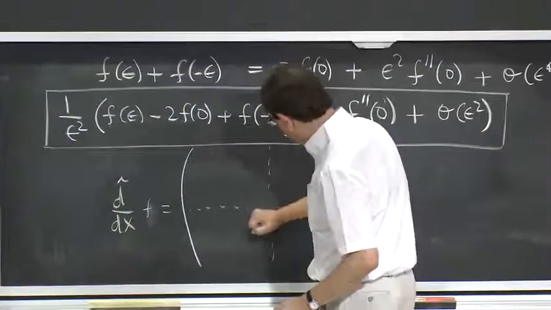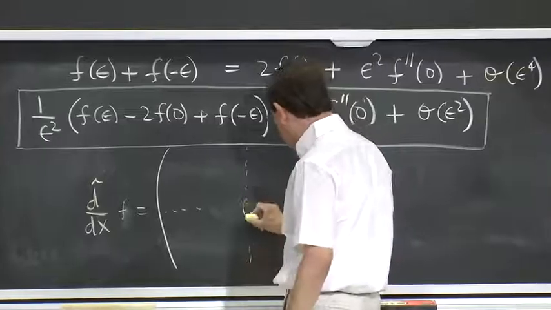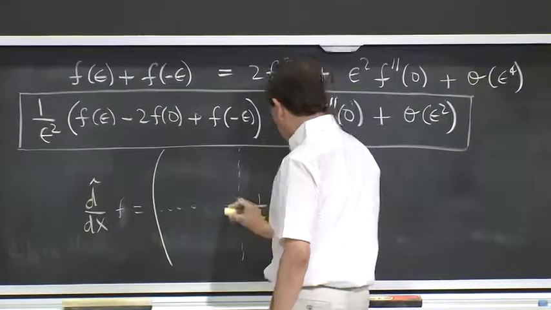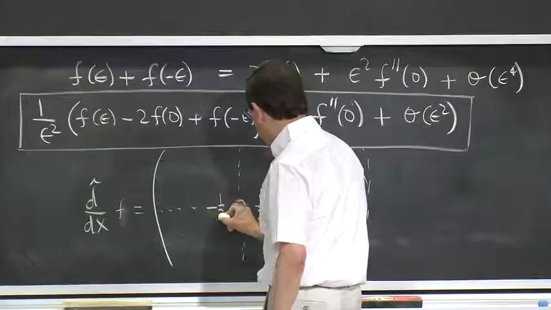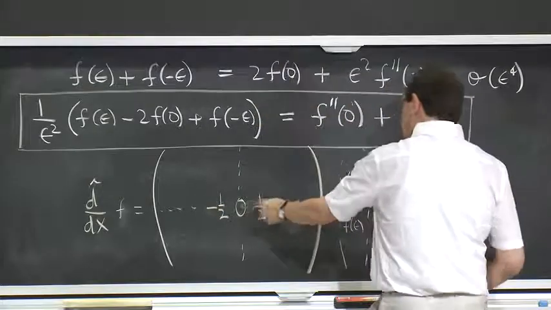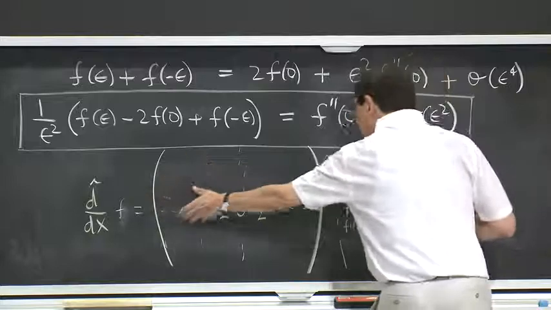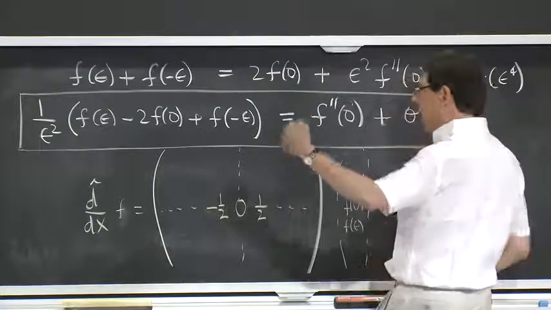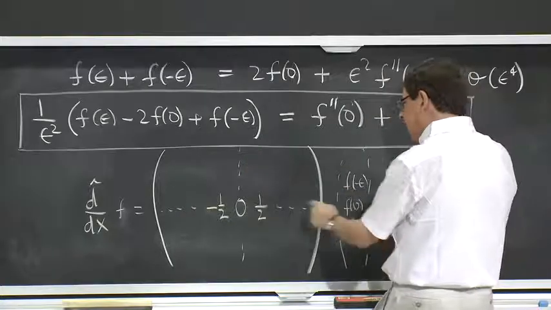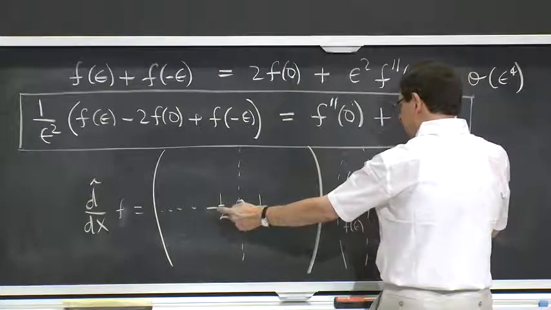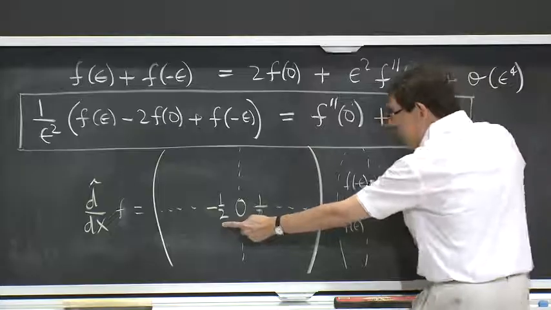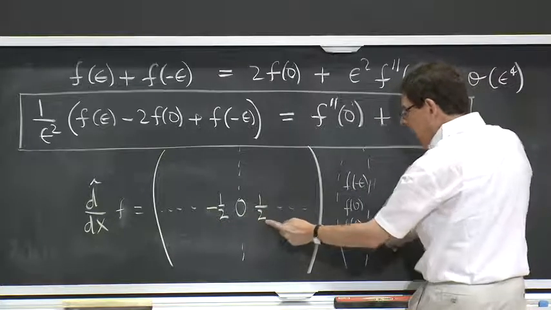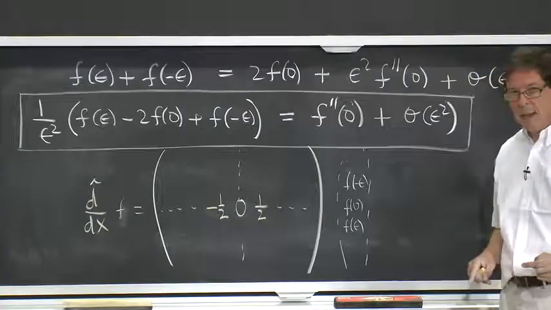So as a matrix here, I would have to put a 0 here, a 1/2, and a minus 1/2 here. 3 elements that when you multiply now this row by this column to get the derivative at 0, you would be combining minus 1/2 of the value of the function at minus epsilon, nothing of the value of the function at 0, and 1/2 of the value at plus epsilon.